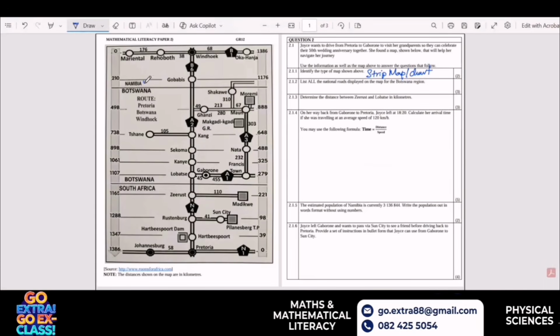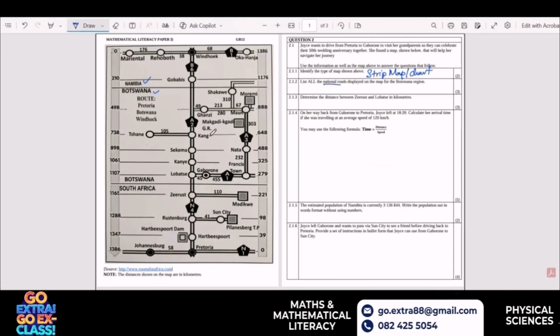There's Namibia here, and then this line definitely represents the borderline. Once you cross this line, there is Botswana, and in Botswana it goes until it ends on this line, which is a borderline, and then up here we have South Africa. So we have 3 countries appearing on this strip map. But the question says list all the national roads displayed for the Botswana region, so the region we want to focus on is this region here in Botswana.